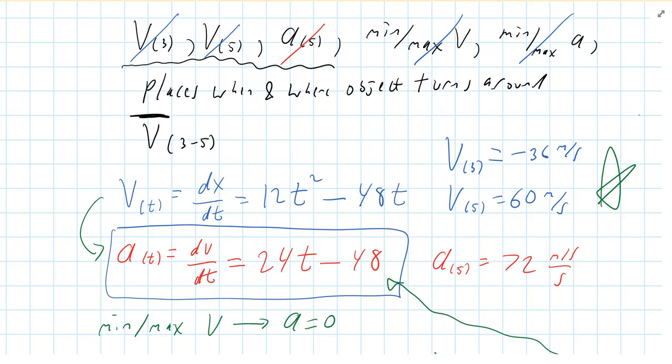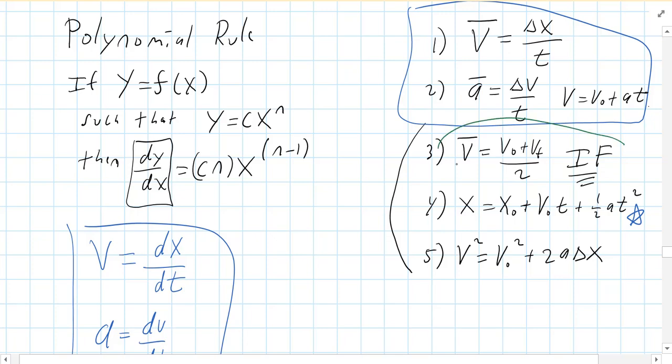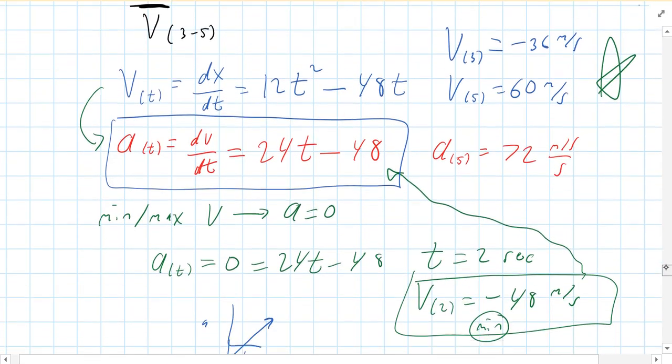So does that mean our average velocity is 12? Well, it turns out no. You can only use that equation if and only if you have constant acceleration, and we don't have that here. Here's the acceleration: it changes all the time. It's a line, okay? So it turns out the average velocity is not going to be 12.